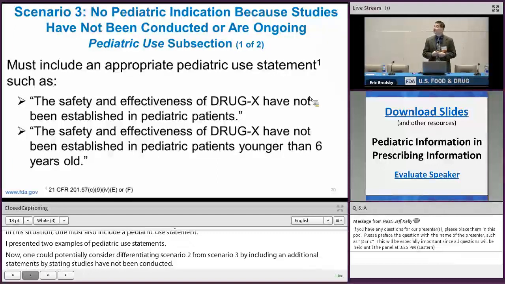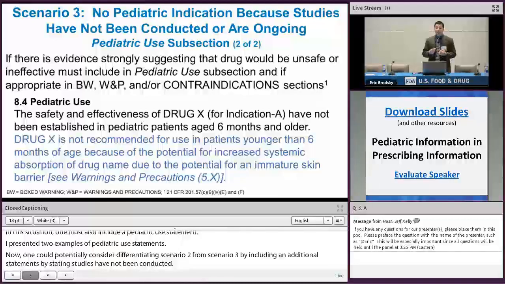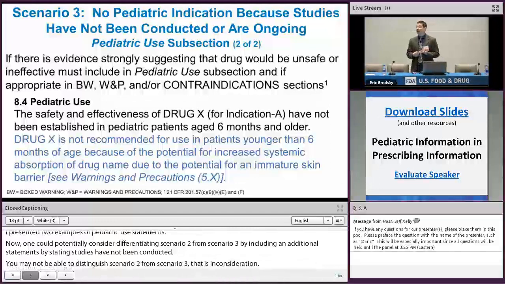So continuing with scenario 3, here you may not have pediatric data. However, you may have animal data, so you have biological plausibility about a safety concern in pediatric patients.